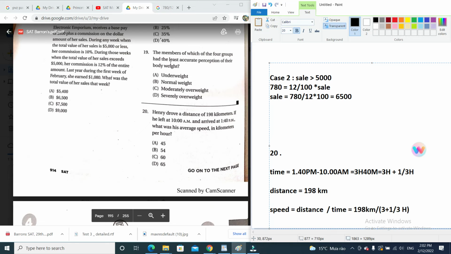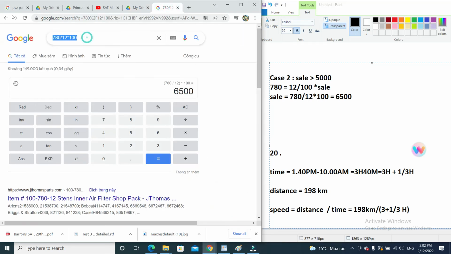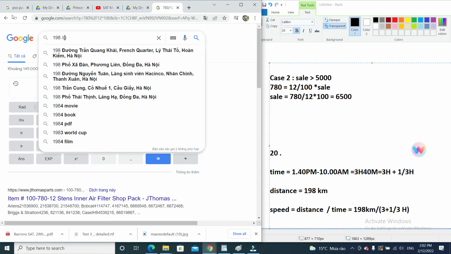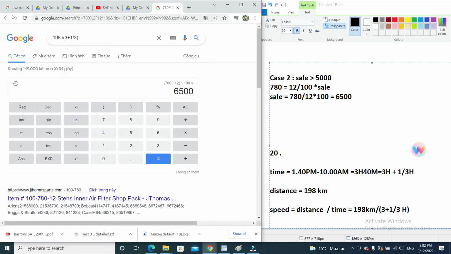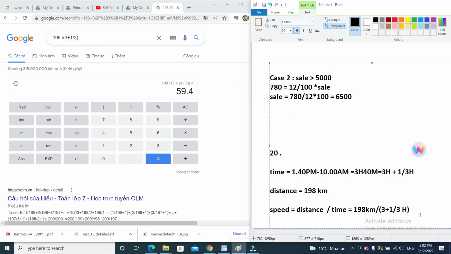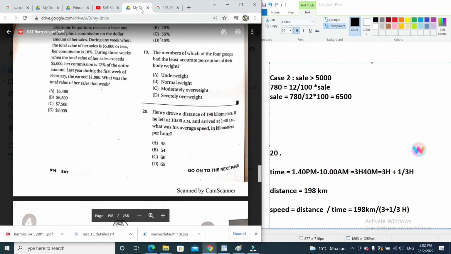So that's 198 divided by 3 plus 1/3 is 95, right? 59, right?